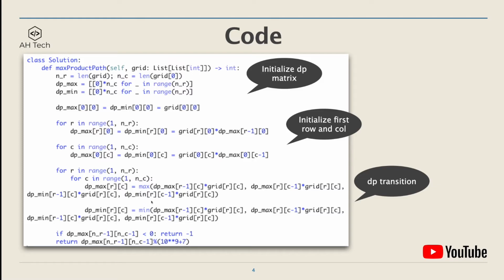We will see later why we need to include DP min in the calculation for DP max. And for DP min, this will be the minimum among these 4 values. The last cell of DP max, which is the maximum product of all paths, will be the answer. So now let's try to visualize this process.